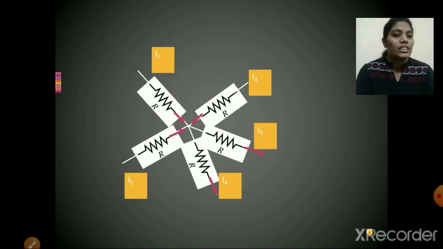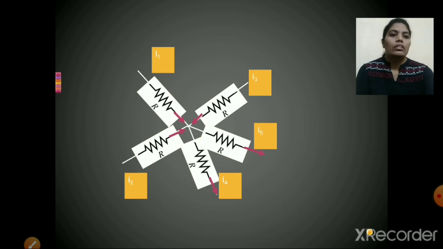Some may move towards the junction and some may move away from the junction. Similarly, here we are considering currents. You can see I1, I2 and I3 are flowing towards the junction, and I4 and I5 are flowing away from the junction.